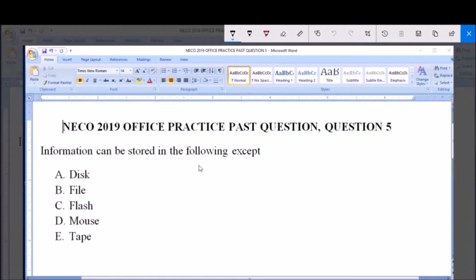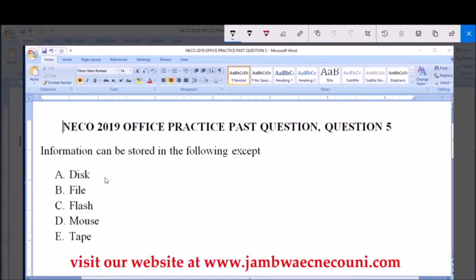Now, a device on which information is stored is known as a storage device. Some of these storage devices are actually computer devices. Option A says disks. Information can be stored in disks.